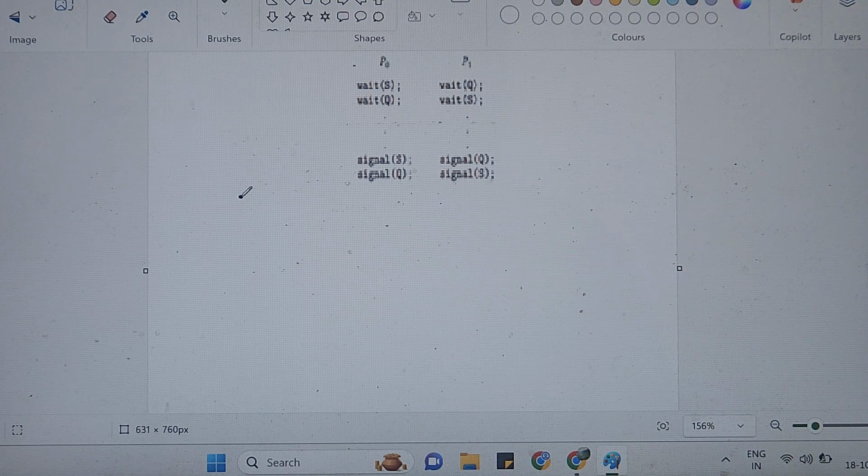So in the context of processes, for example, we are going to take this example where we have P0 and P1. I apologize for the poor quality of the image. So you have two processes, P0 and P1, and we have two resources, S and Q. Let's say you have S over here and Q over here, and as of now both these resources are free.